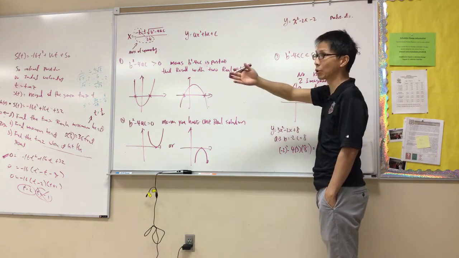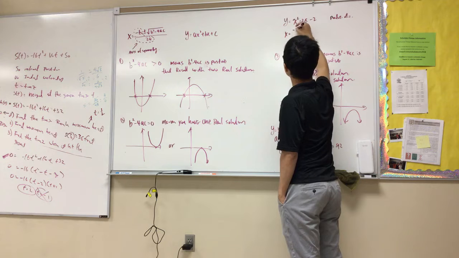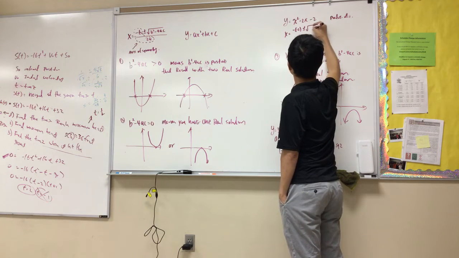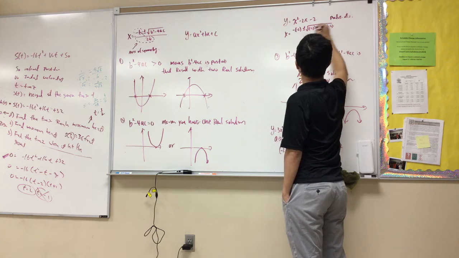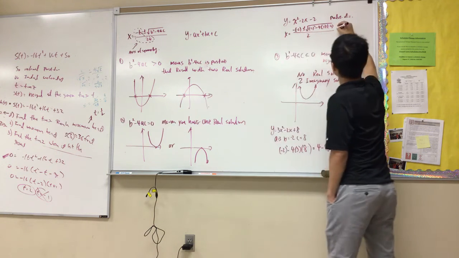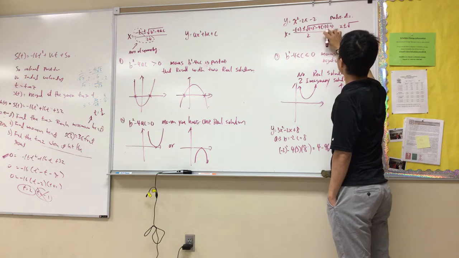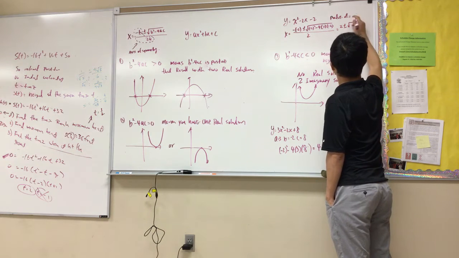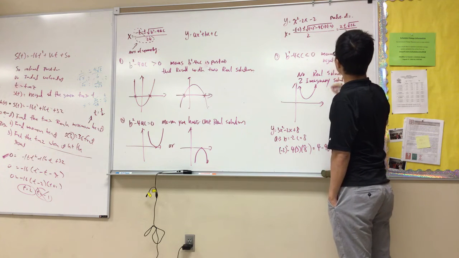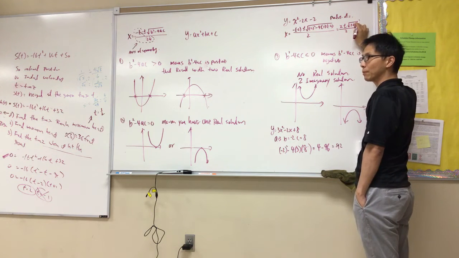But we're going to show why there are 2 real solutions. So x is equal to negative b, so negative negative 2, plus or minus the square root of b squared, negative 2 squared, minus 4 times a times c, which is negative 2, all over 2. That's equal to 2 plus or minus the square root of 4 plus 8, which is square root 12, I think, all over 2. Not only that, I can simplify square root 12 with the trap house method that we talked about. So what can square root 12 be simplified to?